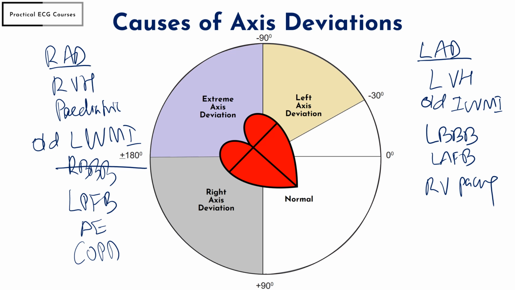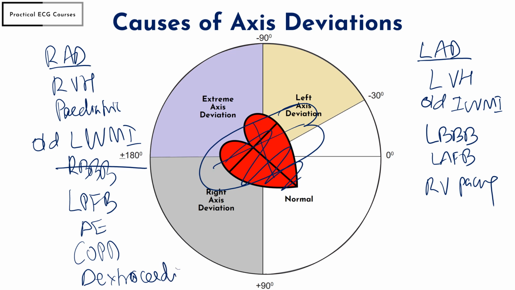Now, what if the patient's heart is not on this side? Instead, the entire thing has changed side and you have a dextrocardia. Again, dextrocardia produces a right axis deviation. What if the patient has a horizontally displaced heart?